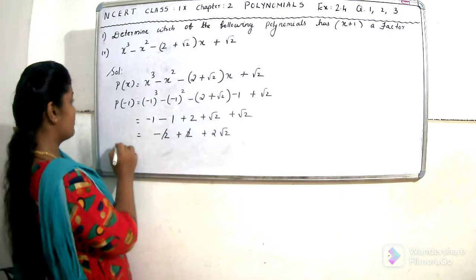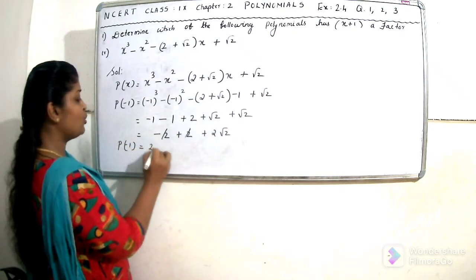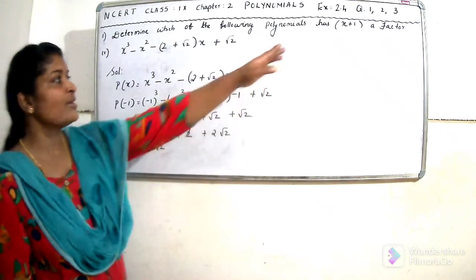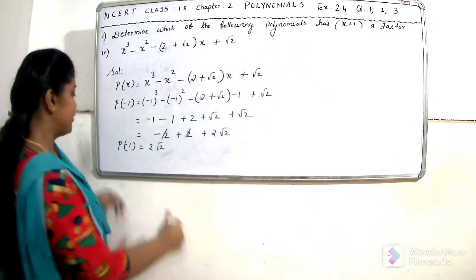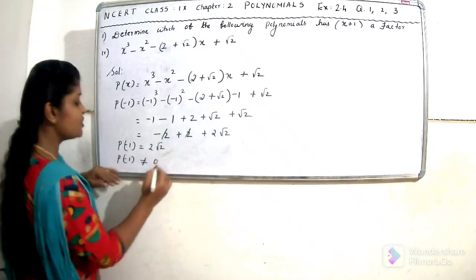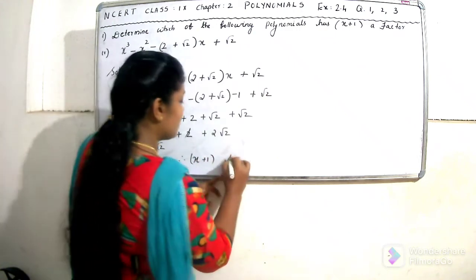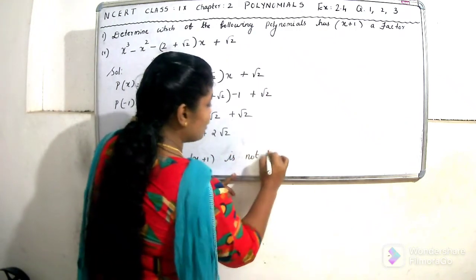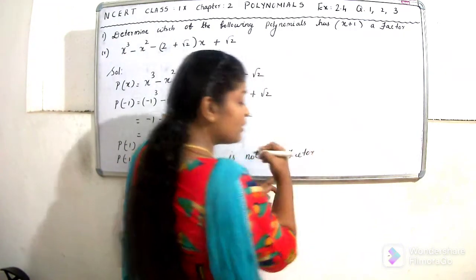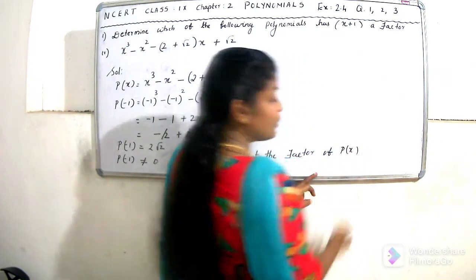Here our remainder, when we substituted negative 1, we got 2 root 2, which is not equal to 0. Clearly x plus 1 is not a factor. So P of negative 1 is not equal to 0. Therefore x plus 1 is not a factor of the given polynomial P of x.